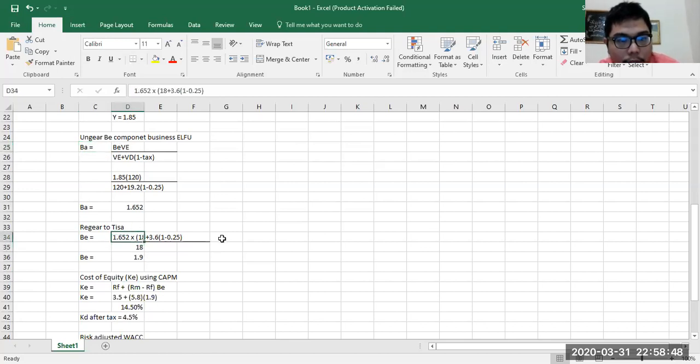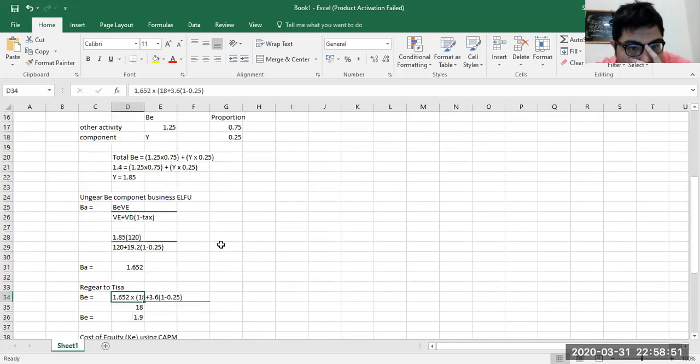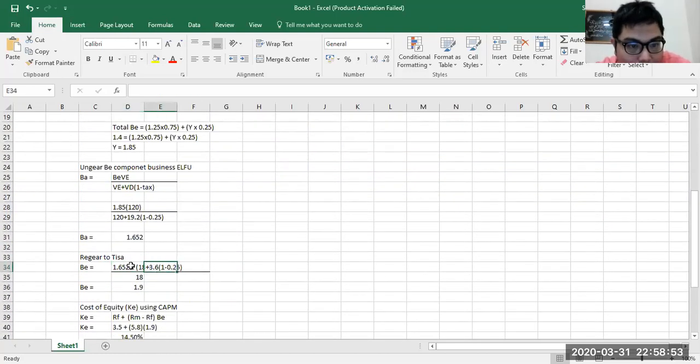So 1.625 times 18, your value of equity, plus 3.6, your value of debt, times 1 minus 0.25, because you want value of debt times 1 minus tax, over 18 million, which is the value of equity. You will get beta equity 1.9.